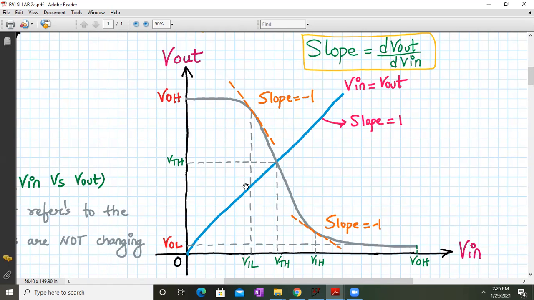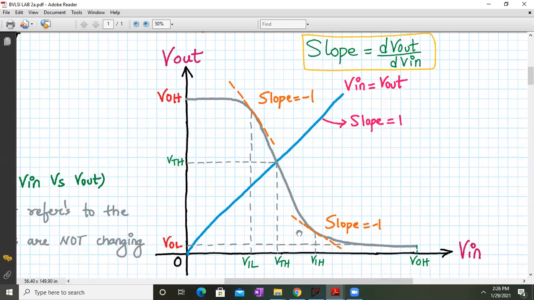The blue line has slope 1, so if you draw a perpendicular 90-degree line to this Vin equal to Vout line, whenever the slope is -1 for the first time while it is falling down, that point, taken down correspondingly, will be your VIL.